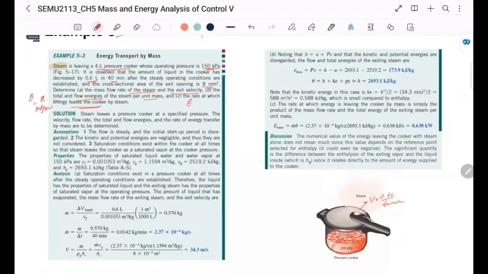And because this is steam, therefore we have to look at the property table. Okay, so if we look at the property table, you can see here the property.